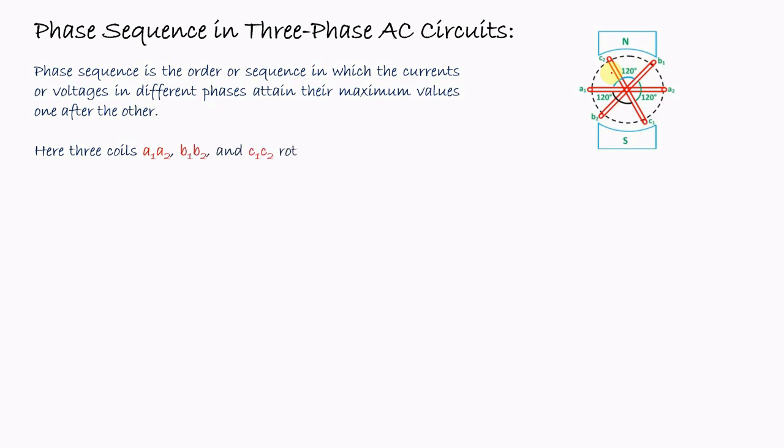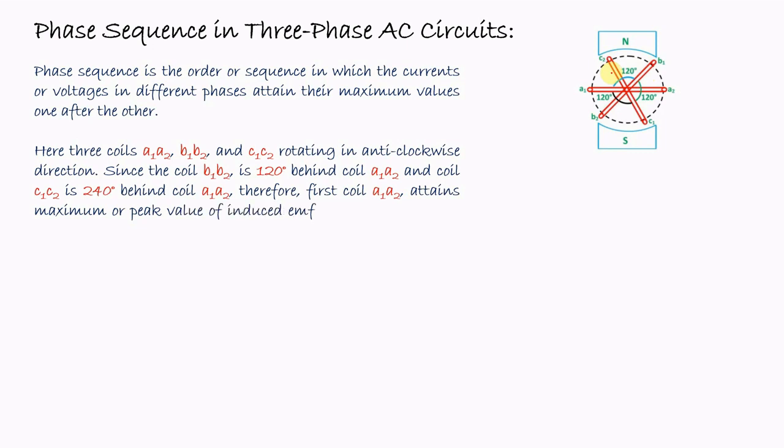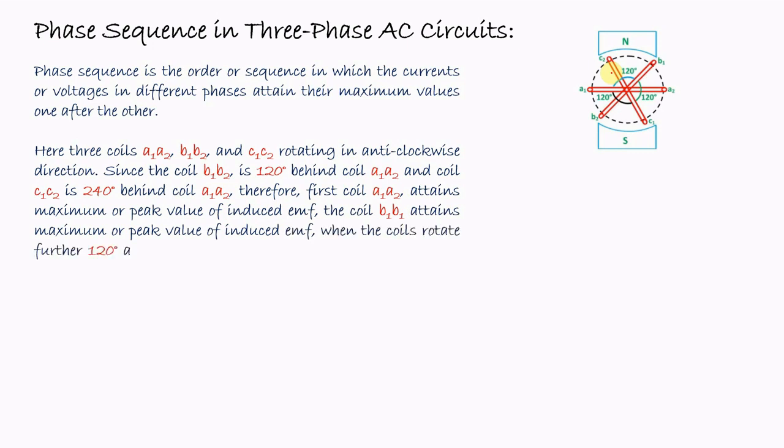Here the three coils A1 A2, B1 B2 and C1 C2 are rotating in the anticlockwise direction. Since coil B1 B2 is 120 degrees behind coil A1 A2 and coil C1 C2 is 240 degrees behind coil A1 A2, the first coil A1 A2 attains the maximum value of the induced EMF.